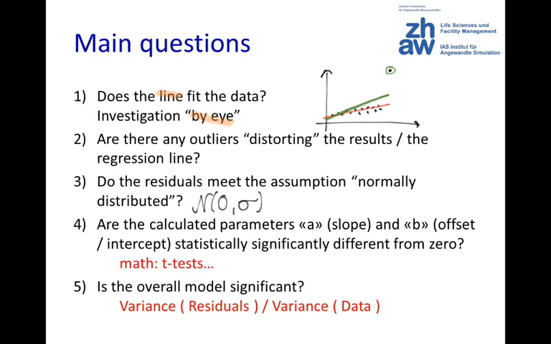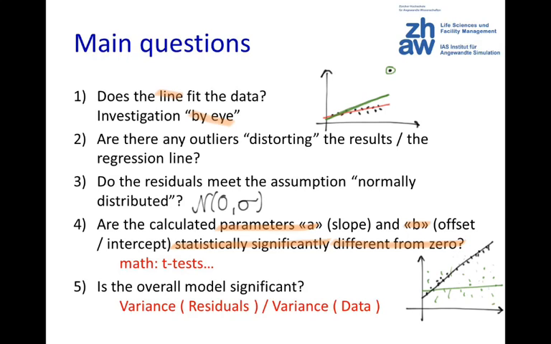Then we would like to know whether the calculated parameters slope A and offset B are statistically significantly different from 0. In other words, the black points are clearly lying and forming the black line. But does the green point cloud really yield a linear model?